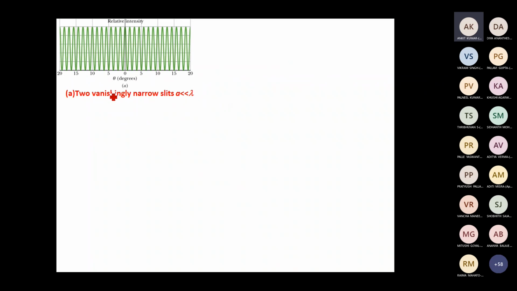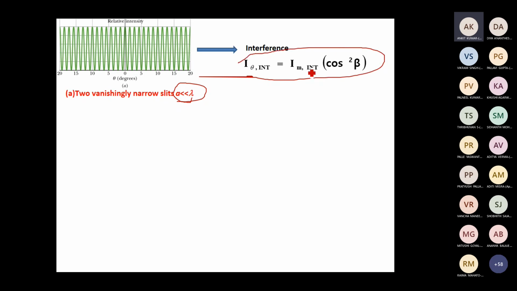This is the first condition which everyone is familiar with, that is when two vanishingly narrow slits are used under the condition of A is very, very less than lambda, what you get is interference. And this pattern can be easily explained using this equation: I theta is equal to I naught cos square pi d sin theta by lambda. Beta is taken as pi d sin theta by lambda for convenience.